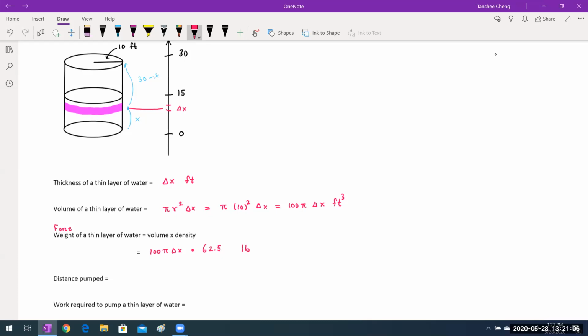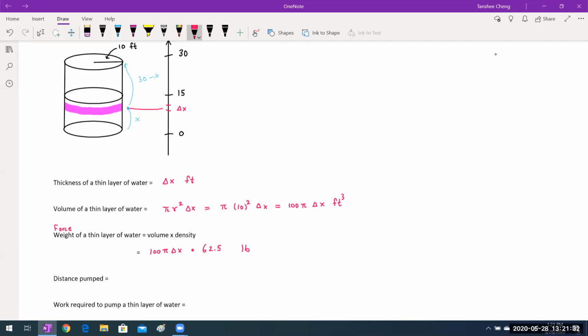So the distance required to pump it out is, looking at it this way, at this point, the thin layer at this point, the distance from the origin to that thin layer is x. So to pump out this thin layer to the top, from the top of the rim, it is the entire distance, which is 30 feet, minus this little distance x.